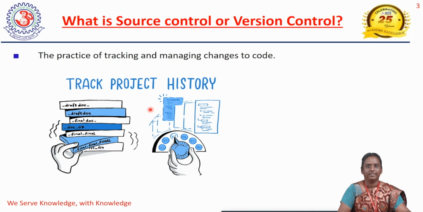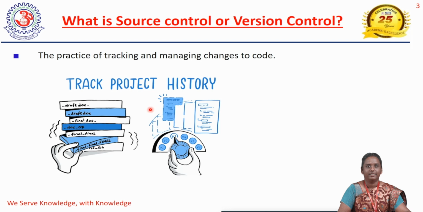For example, consider two developers, developer 1 and developer 2. Developer 1 will develop one software and it will be handed over to developer 2. Developer 2 may introduce some changes into that, and he may tell that I did not introduce these changes.